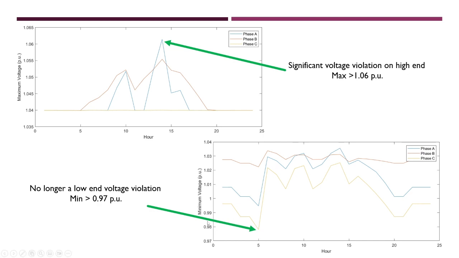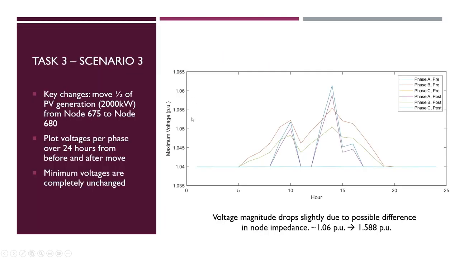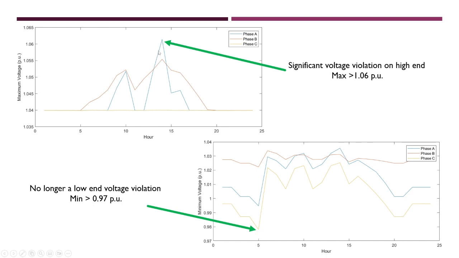There is no low end voltage violation, the minimum being at 0.97 right here, but because we have that high end voltage violation, we need to pursue operational control methods. And as well, phase B violates pretty much the entire day as well.